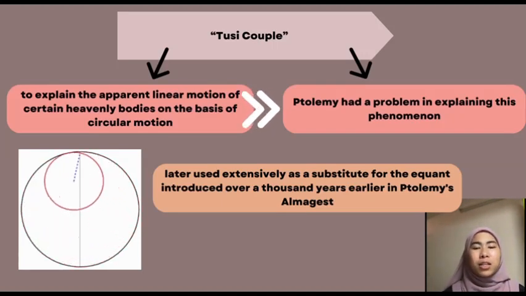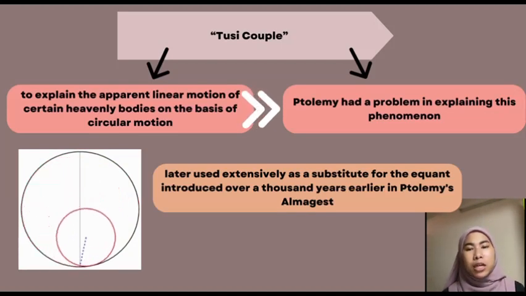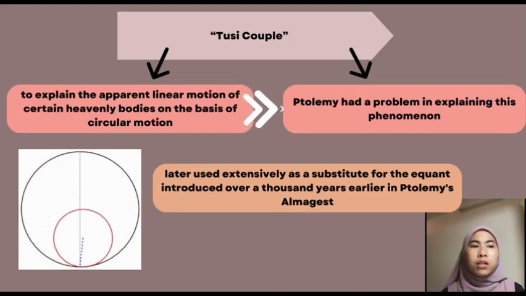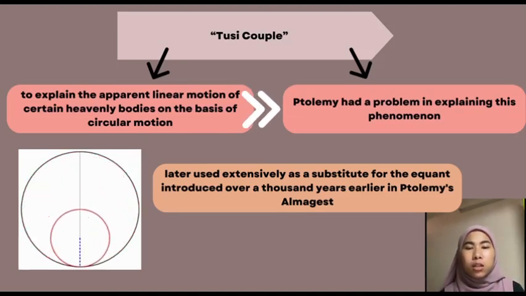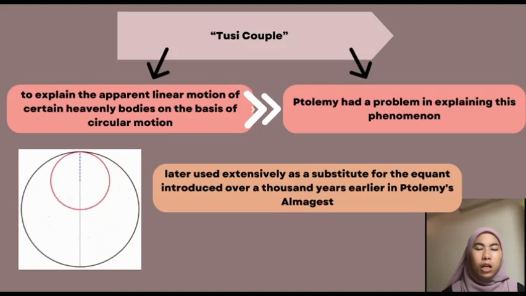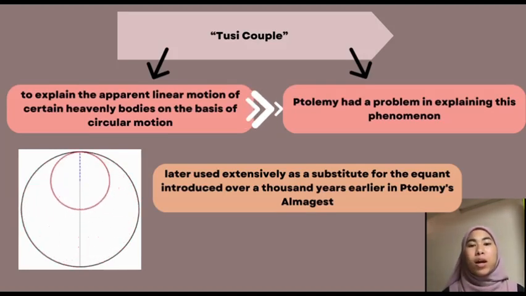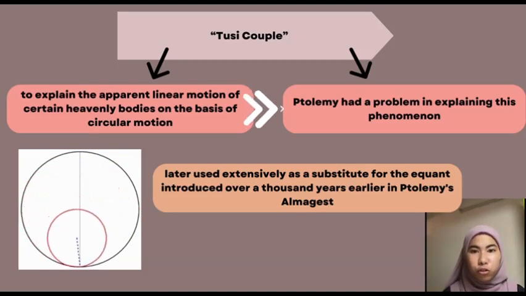Even though the study was made by Ptolemy in the Ptolemaic system, Ptolemy himself had difficulty explaining this phenomenon. That is why Al-Tusi further explained it, to make it easier for people to understand the concept introduced by Ptolemy.